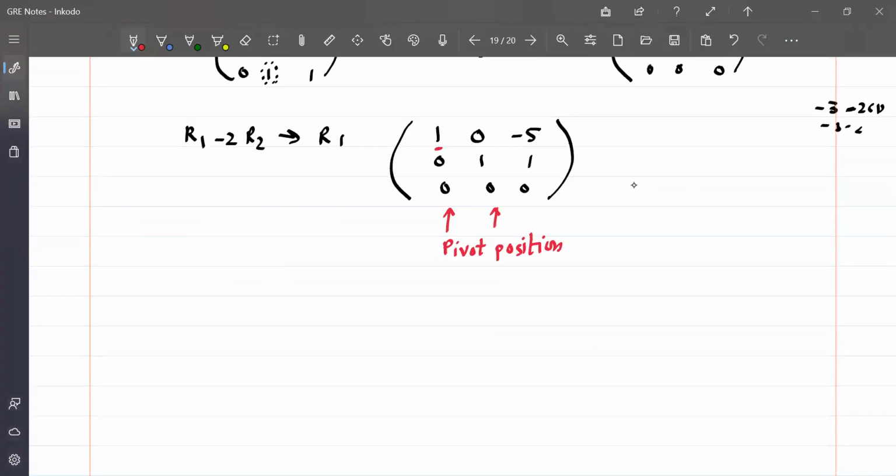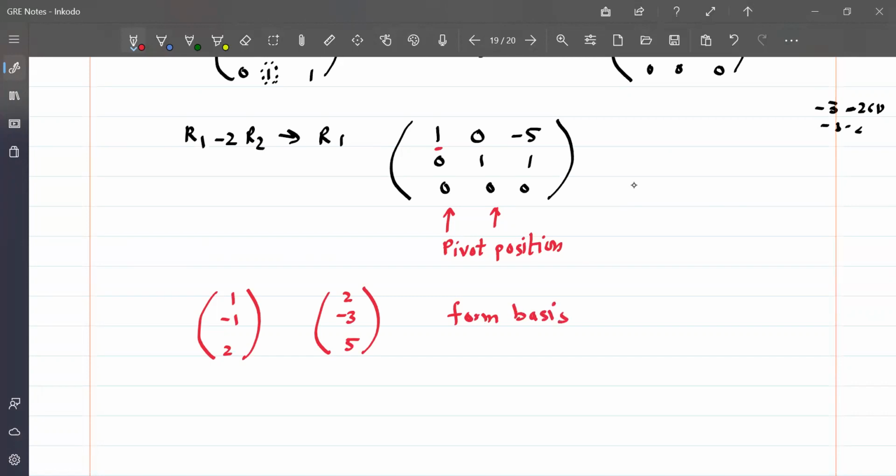So our basis is the first column, 1, -1, 2, and the second column, 2, -3, 5. So these two form a basis for the column space.